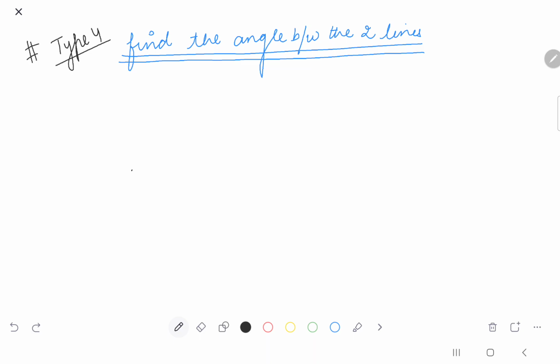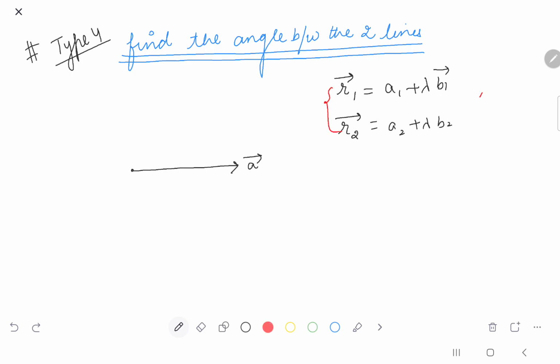Let us suppose we have point A and we have this line A. So the question says the line R1 is going to be A1 plus lambda B1, and line R2 shall be A2 plus lambda B2. And the question wants me to find the angle between the two lines R1 and R2.